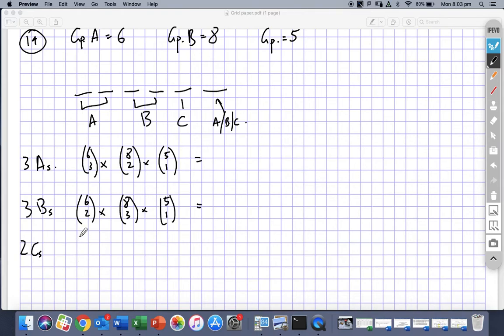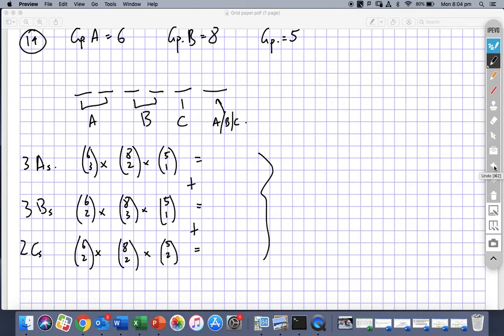If we choose 2 C's, that's 2 A's, 8 choose 2 for B's, 5 choose 2 for C's. We'll have 3 numbers and we'll have to add them all up.